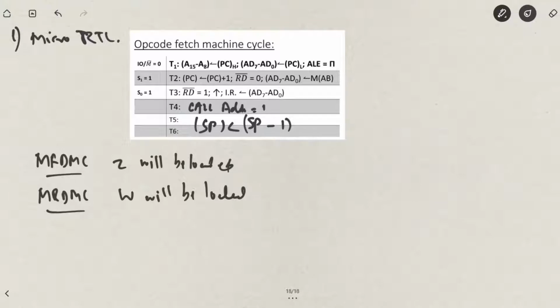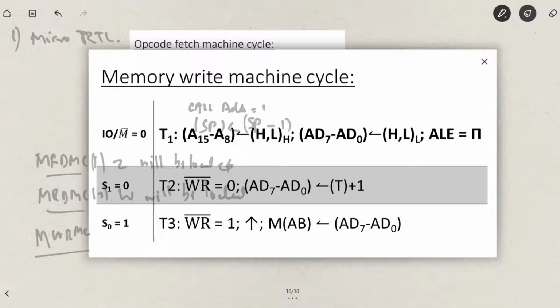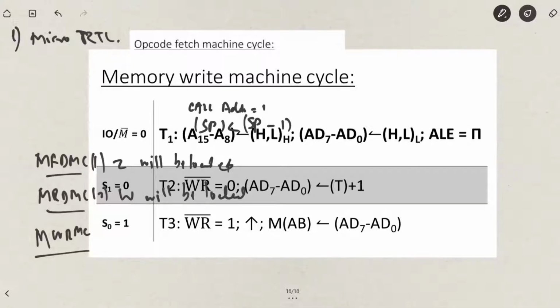Then you have the memory write machine cycles, 1, this is 2. In the memory write machine cycle, so this is your, let me clear this page.